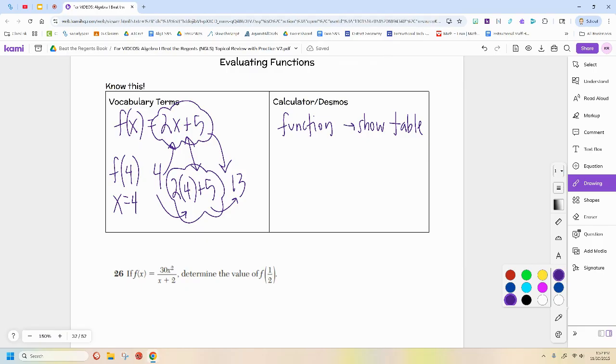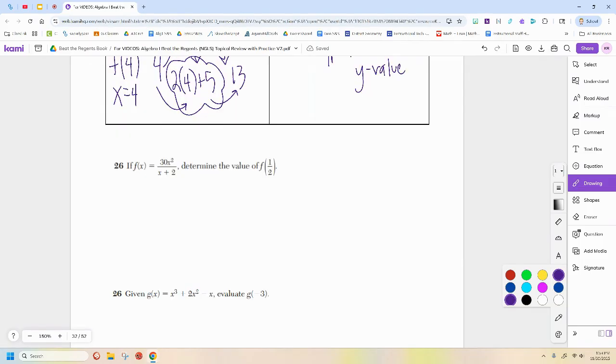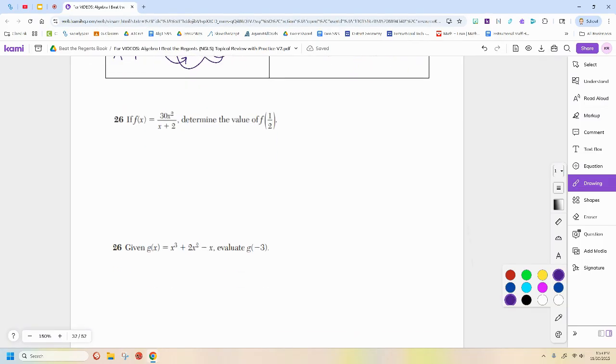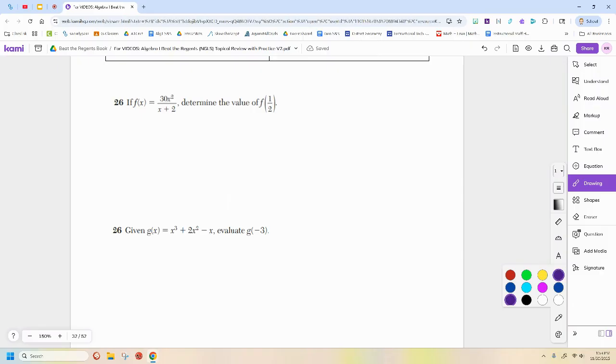So you might have to type the x value into the table and then look at the output, which is the y value. Okay, so let's show both methods. They're pretty easy. Multiple choice or open-ended, just depends. These are 2 open-ended ones. So to get the full credit, you need more than just the answer.